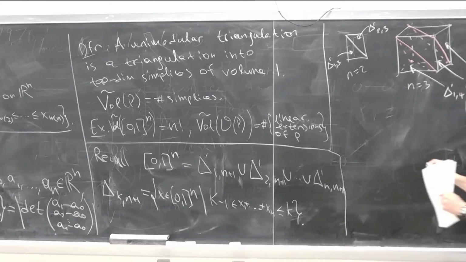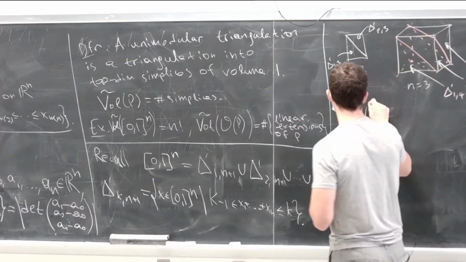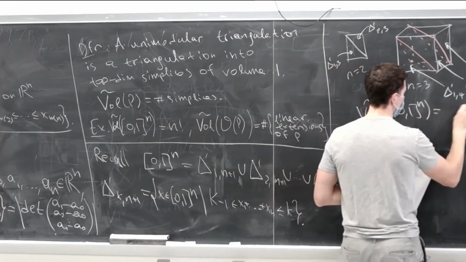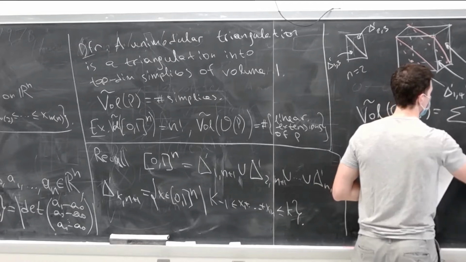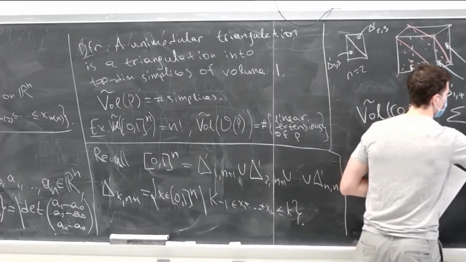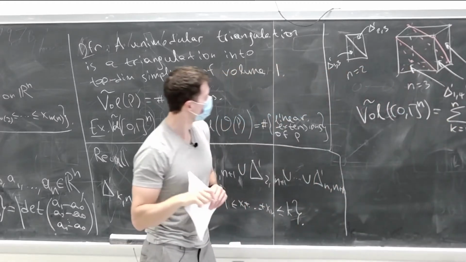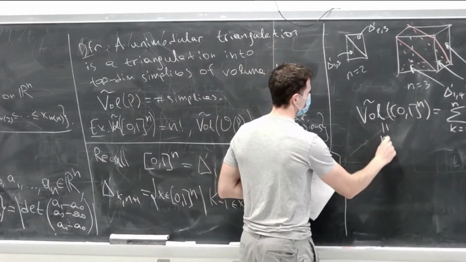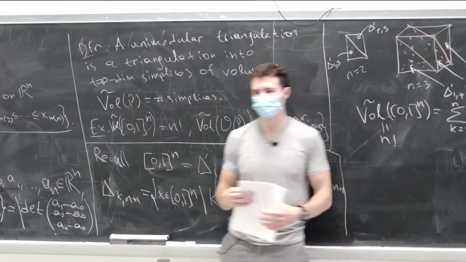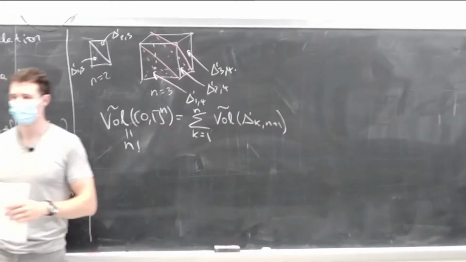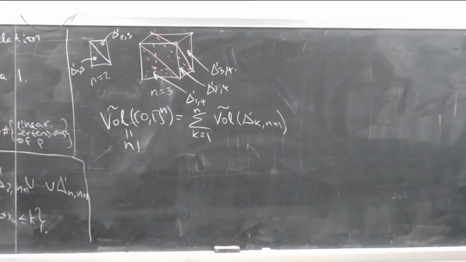So as we discussed, the normalized volume of the hypercube is the sum of the normalized volumes of delta prime k comma n plus 1, and this is n factorial. The motivating question was, what are these numbers? I'm going to tell you that they are integers, so there's a bunch of integers that sum up to n factorial.